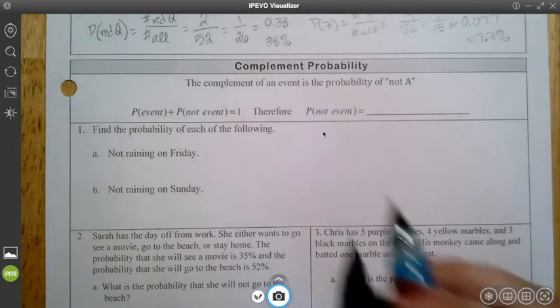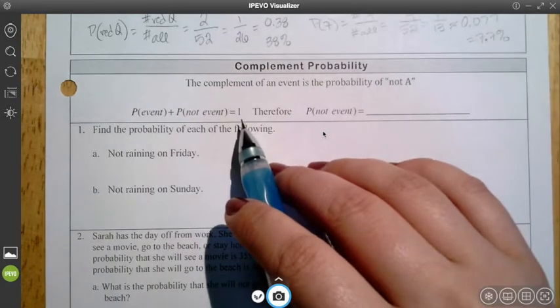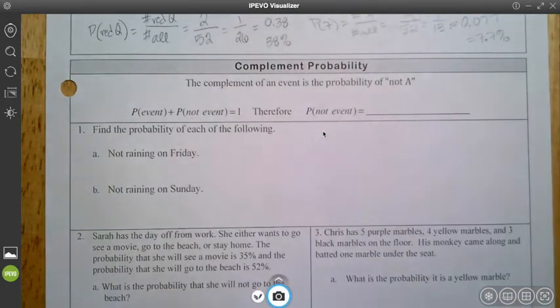Okay, and those two things have to add up to 100%, or 1, because the probability that something will happen and won't happen are complementary. It's either going to happen or not happen. So together, there's a 100% chance that something either will or won't happen.